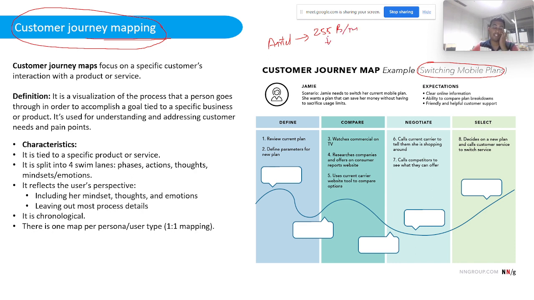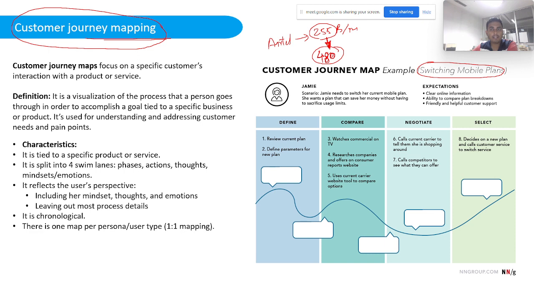But now you want to change your plan to something different like 480, because you want more data, or probably there is some competition or exam coming in where you need to use the data to gather information for your study. Those can be various reasons why you want to change your mobile plan.